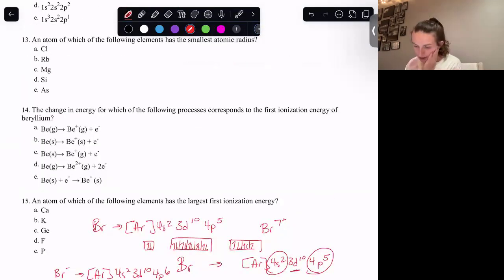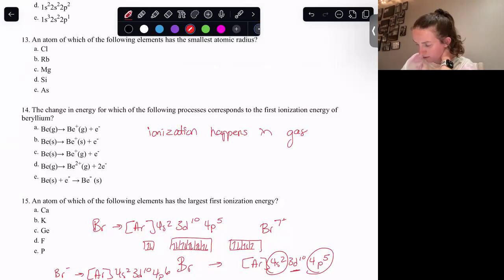Okay, we asked for 14. So the change in energy for which of the following processes corresponds to the first ionization energy of beryllium. So in order to ionize something, ionization has to occur in the gaseous state. Okay, so it has to be a gas in order for it to remove an electron, or to put an electron on.